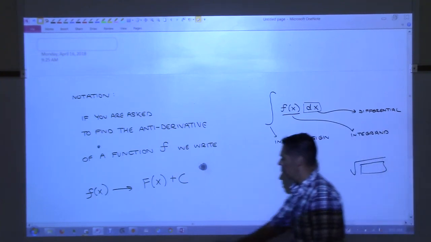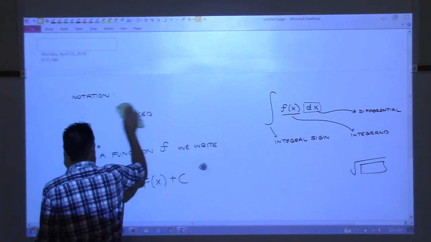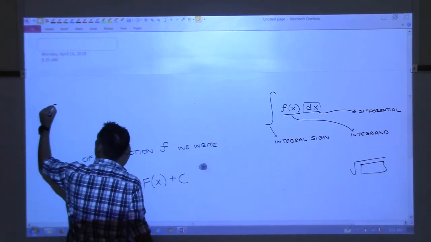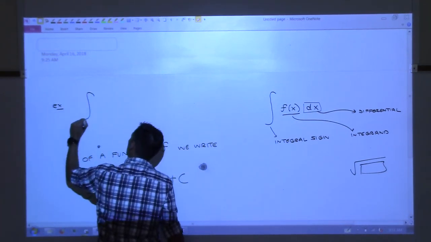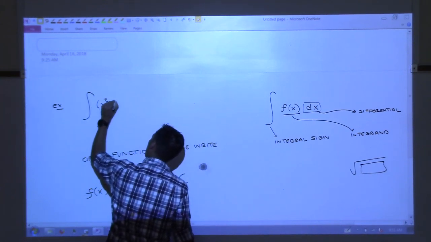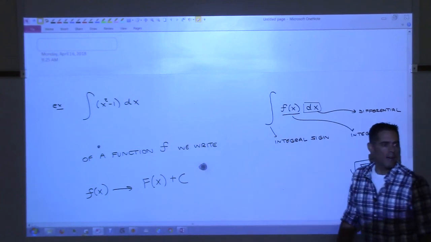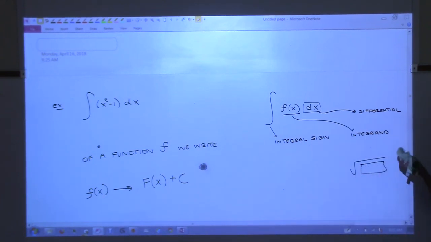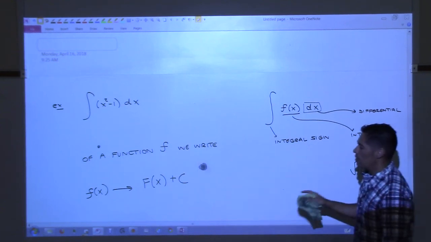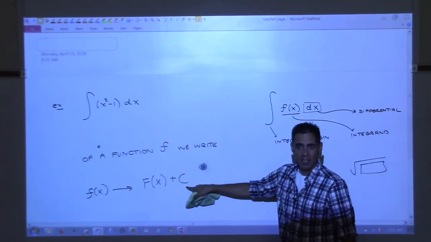So let's just practice with this notation. If someone were to say, for example, that would be asking you to find the antiderivative of the function we just did a second ago. But this is just going to give you a capital F of x plus c, isn't it?